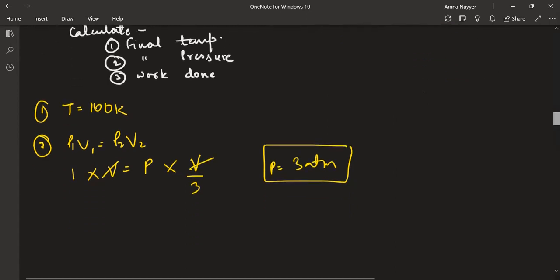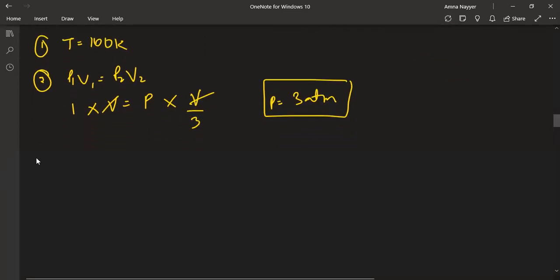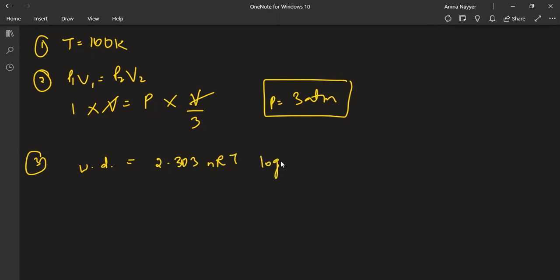Last is the work done. So work done is equal to 2.303 nRT log V2 by V1. So this will be 2.303, n is 10, R is 8.314, temperature is 100.